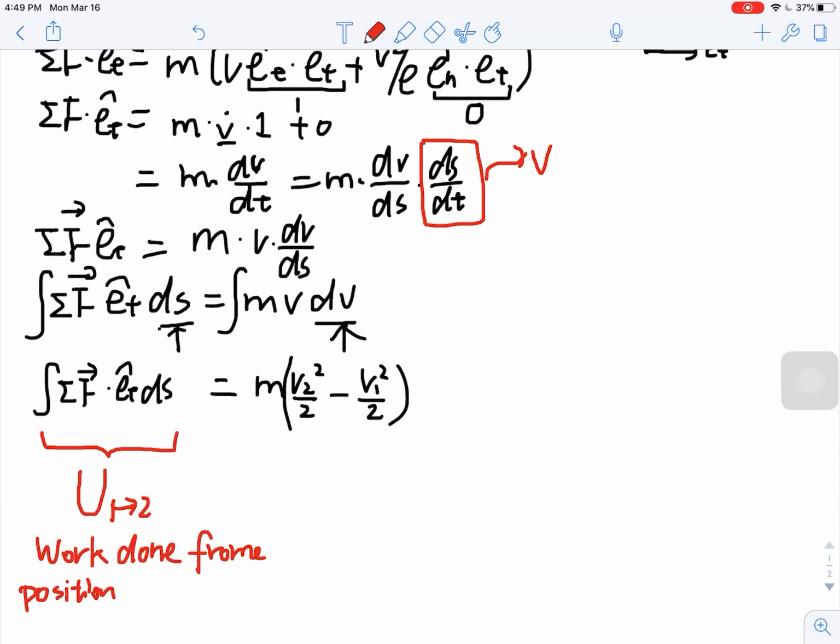And this whole term here is the change of kinetic energy.